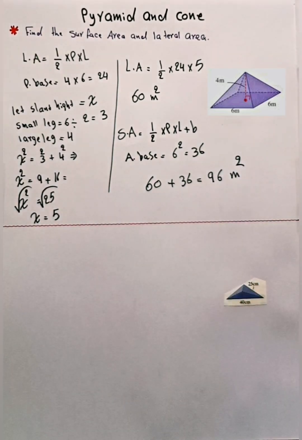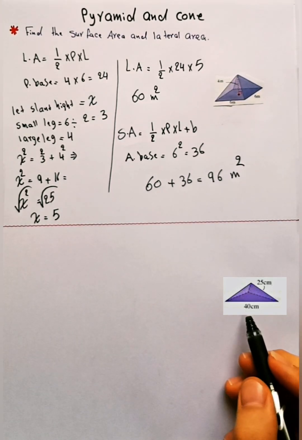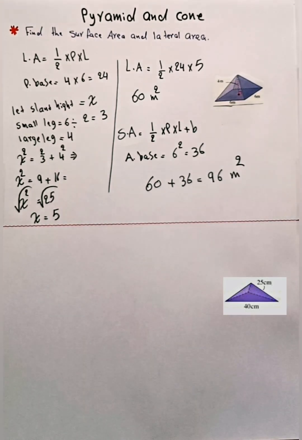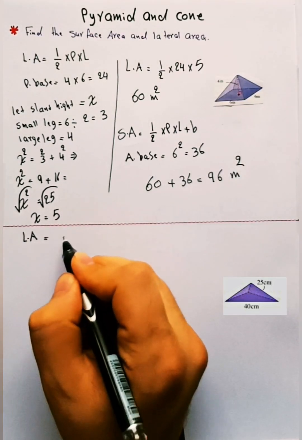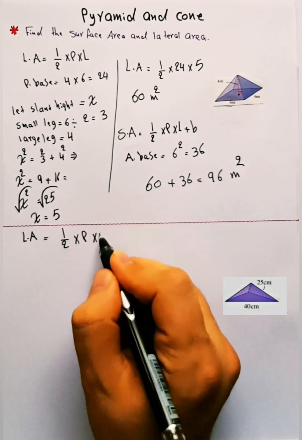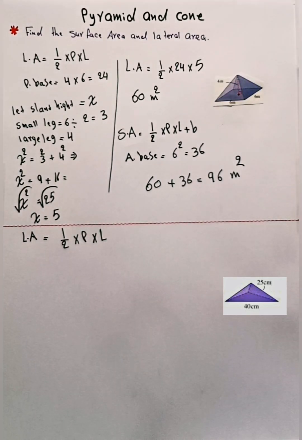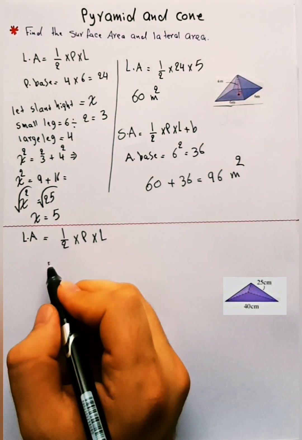After that, you have to find the surface area and lateral area for this pyramid. So the lateral area equals 1/2 multiplied by the perimeter of the base multiplied by L. So we have to find the slant height.